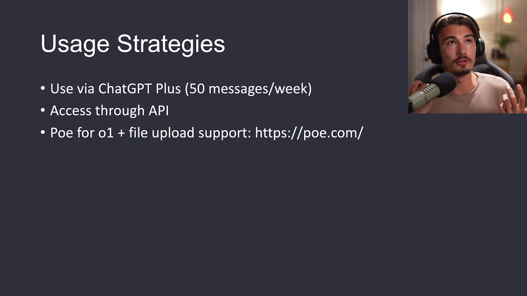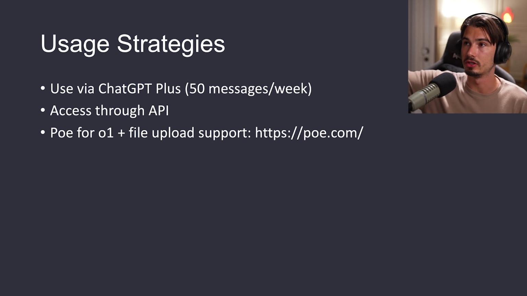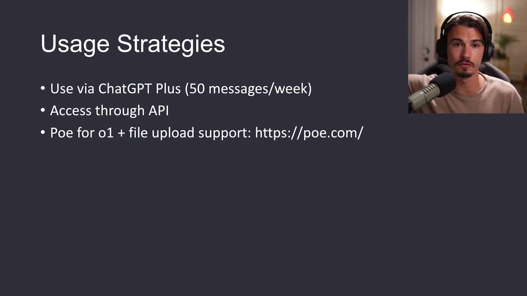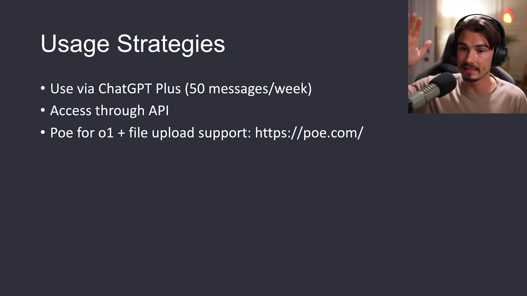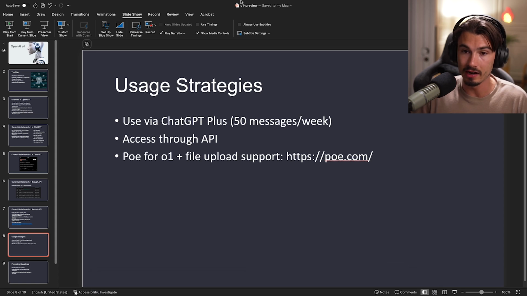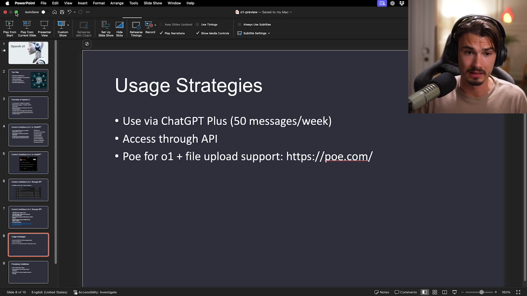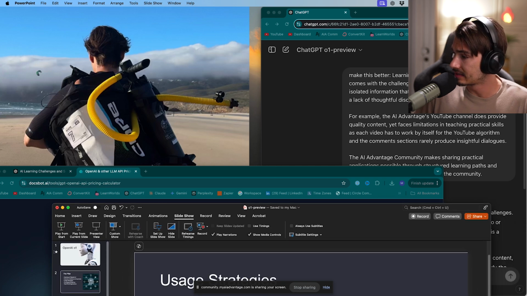Platforms where you pay a monthly subscription and they do the API calls for you and you get a chat interface. There's many of these, but the one that I found to be actually the best with o1, and I say the best carefully because that's quite a strong term, but I think it's objectively the best, is Poe.